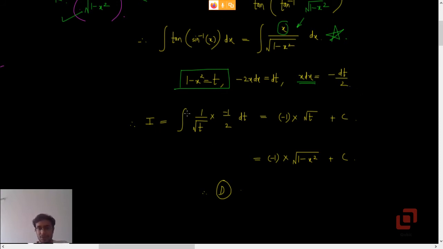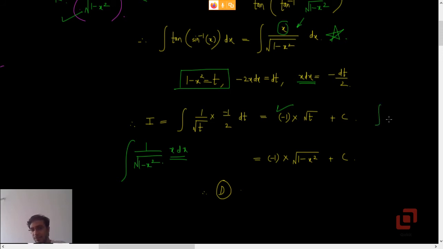Therefore the integral is equal to the integral of 1 upon root t, which is basically 1 upon root of 1 minus x squared, into negative 1 upon 2 dt, that is nothing but x dx. Then integrate 1 upon root t, you will get 2 root t, cancel 2, negative sign as it is. So I is equal to negative 1 into root of t.